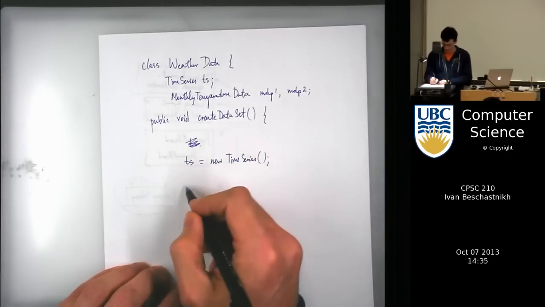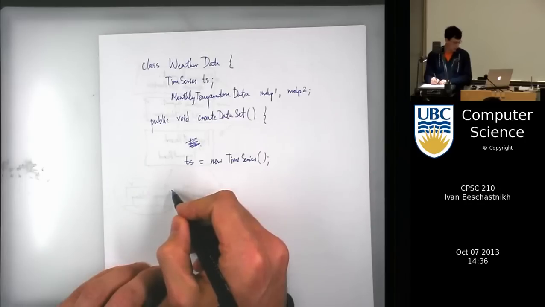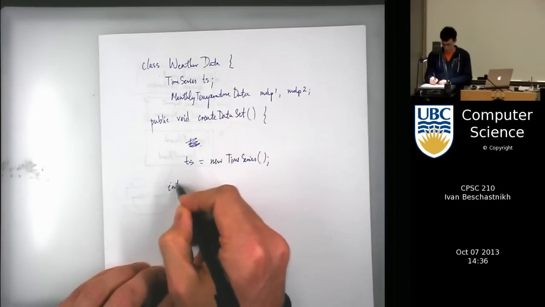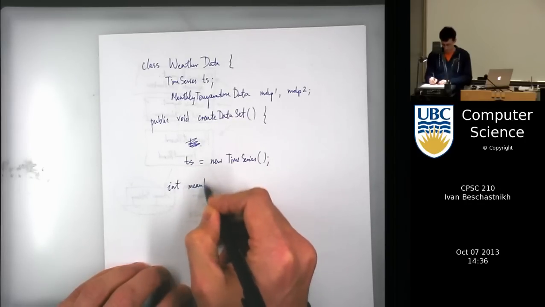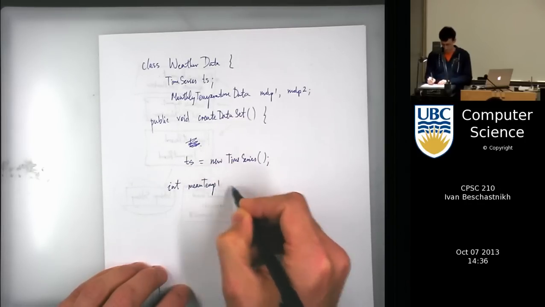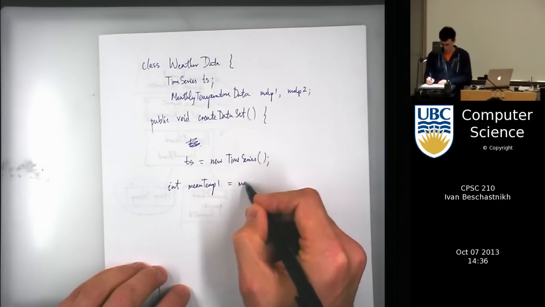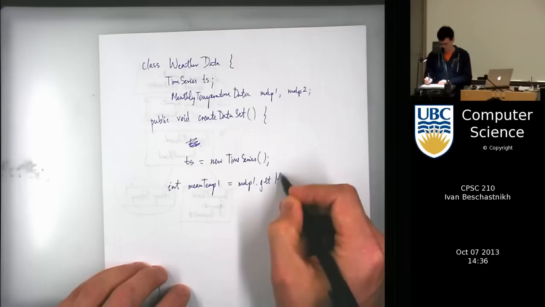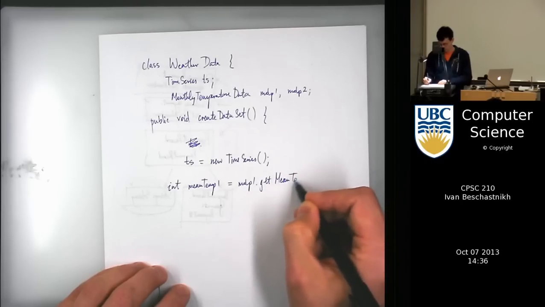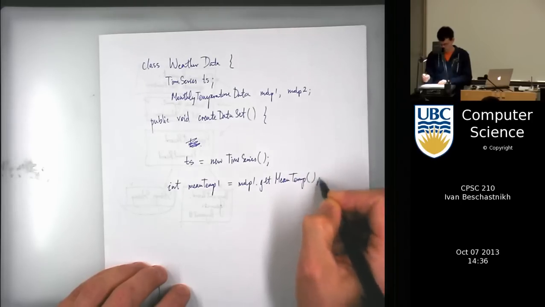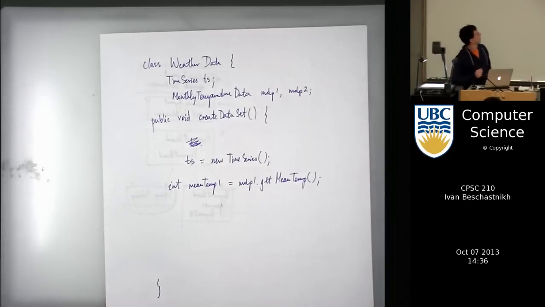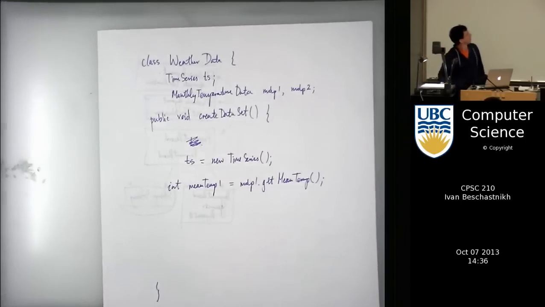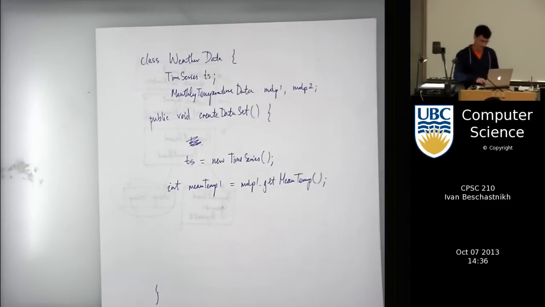So maybe I'll have an int mean temp 1 equals MTP1 get mean temp. So this guy is handling the second call.